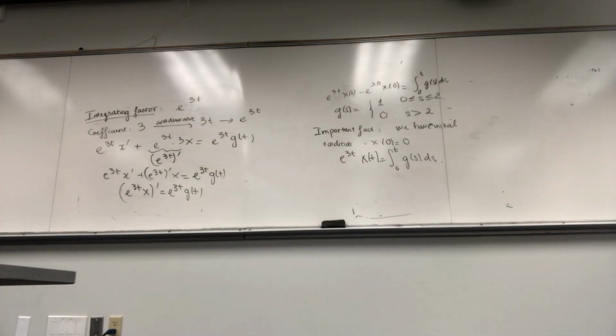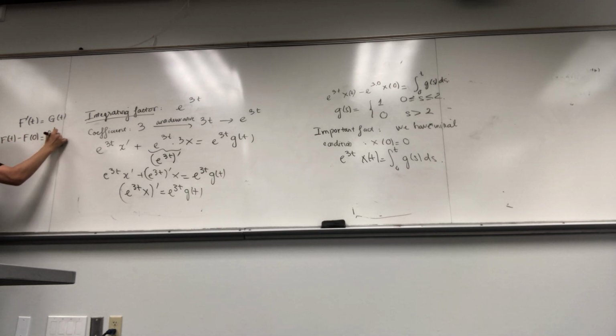What did you get from the equation on the bottom and the equation on top? The last equation, yes. So this is the formula that I use. I have f prime of t is g(t), right? So I integrate both sides. So I have f(t) minus f(0) is the integral from 0 to t of g(s) ds.